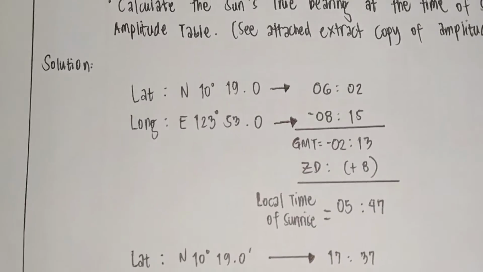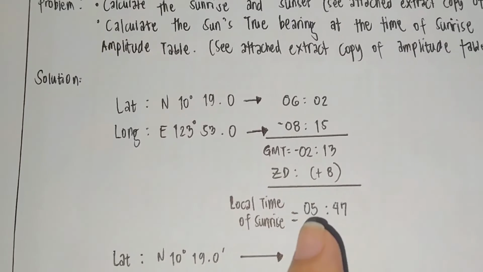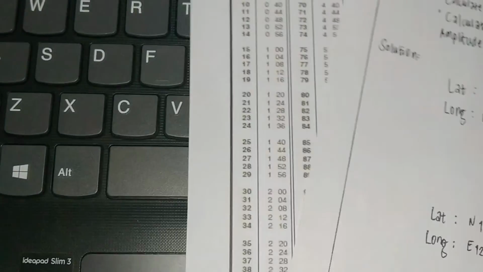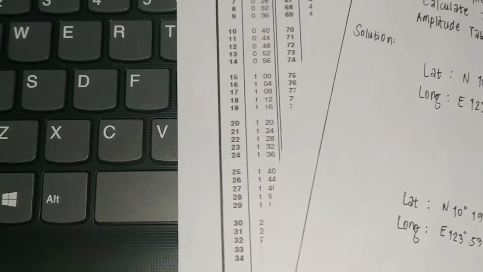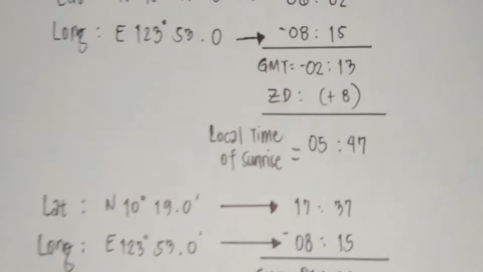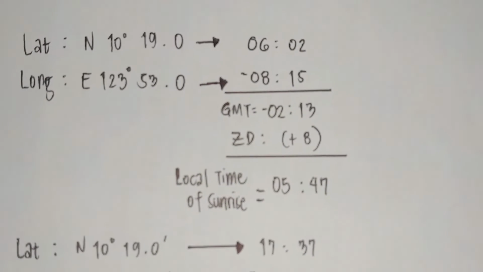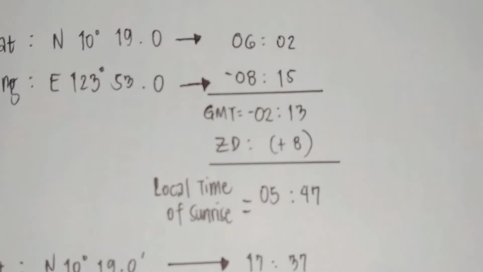And since we already determined its zone difference, which is +8, we have to determine and add our local time of sunrise.